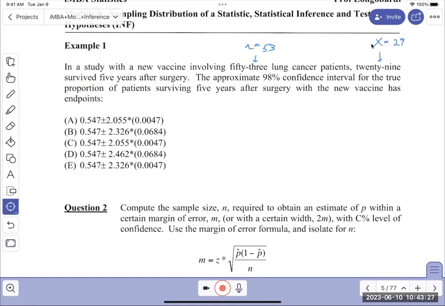Okay, so the approximate 98% confidence interval, whatever that means, for the true proportion, what is the symbol for the true proportion of patients surviving 5 years after surgery with the new vaccine?